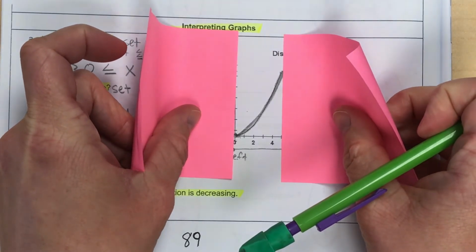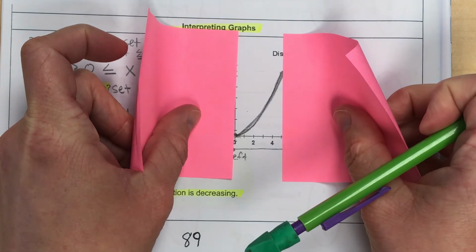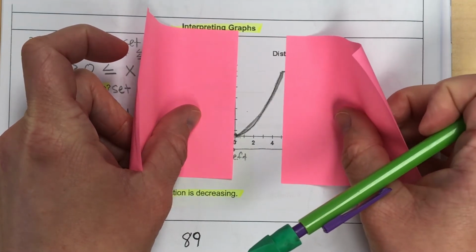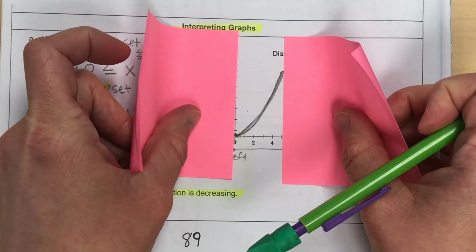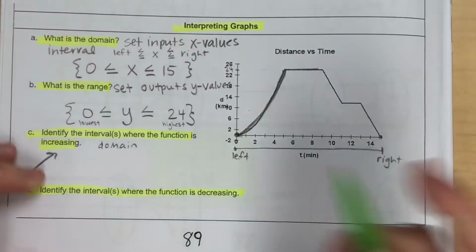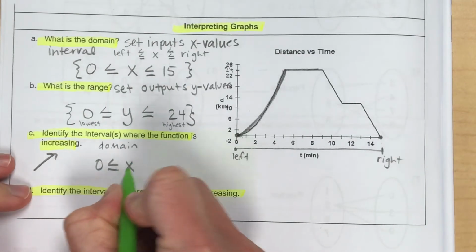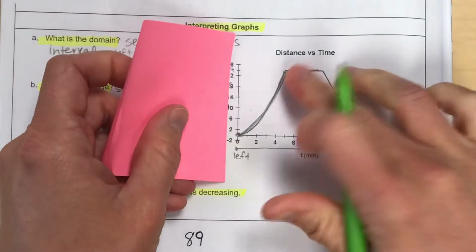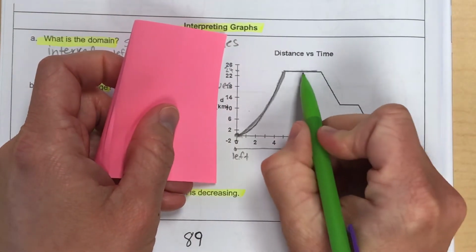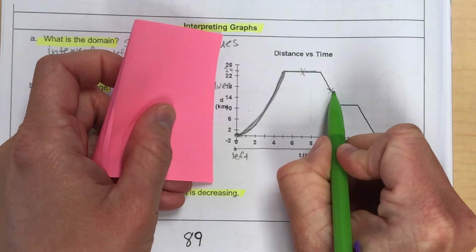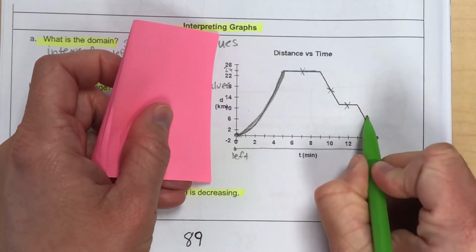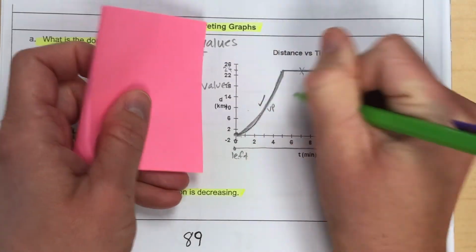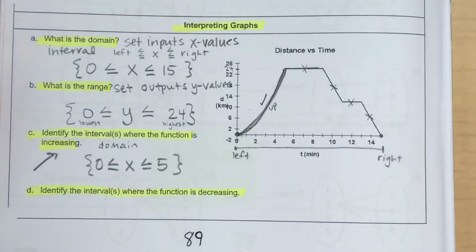It looks like on my x-axis, between 0 and 5, because it's in between 4 and 6, is where our graph is going upwards. So I'm going to put from 0 for an x value to 5 for an x value, our graph goes up. Then it remains constant, so I'm not going to label that part. Then it goes down, so I'm not going to label that. This is constant, and this is also going down, so the only section where it goes up is this first piece of our graph.